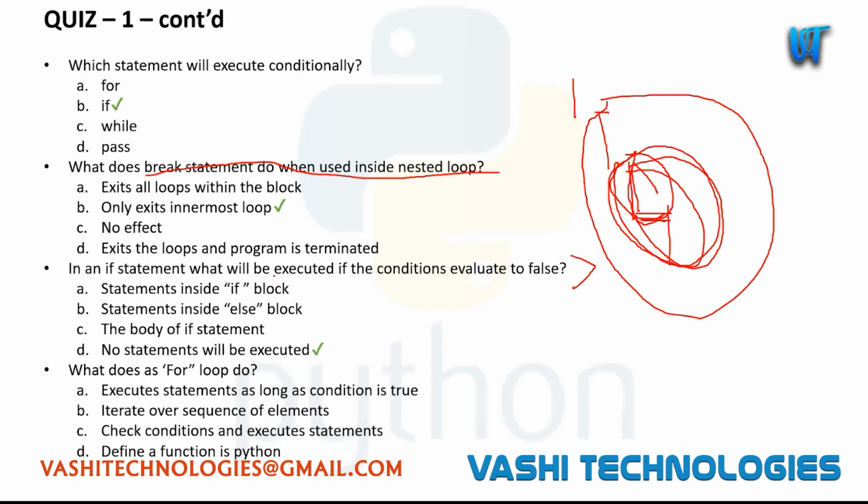That's the way you can check yourself if you are good with the concepts you have covered so far. Anyone else? Varshita said it's iterate over a sequence of elements, and Shiva said it's execute statements as long as the condition is true. Any other answers? Check condition and execute statements. Okay, any other answers?